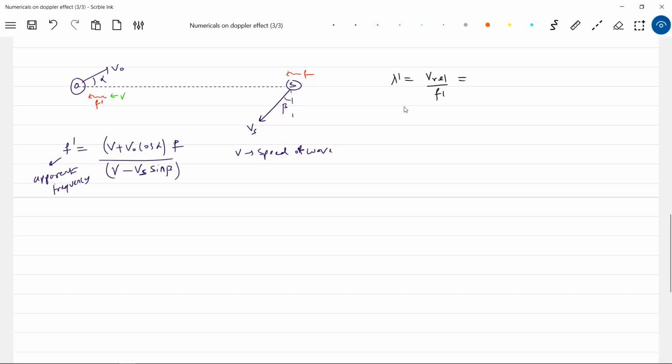What is the relative motion between the person and the wave along the line joining? It is v plus v naught cos alpha by f dash. What is f dash? v plus v naught cos alpha by the expression above.